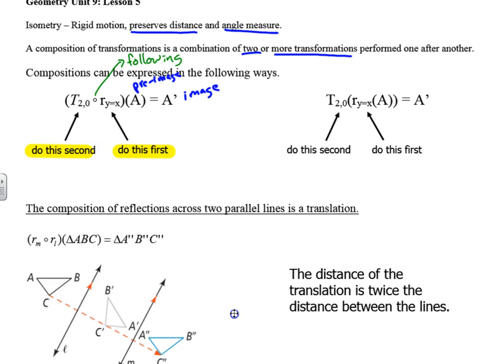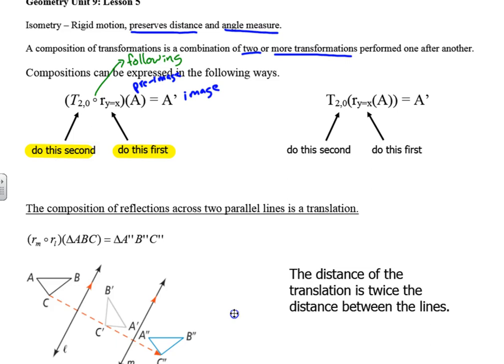Just like in the English language, we could say Matt went through the door and then John went through the door. We could also say John followed Matt through the door. Both of those things mean the same thing. They're just different ways of saying that, and it's the same way in this situation.